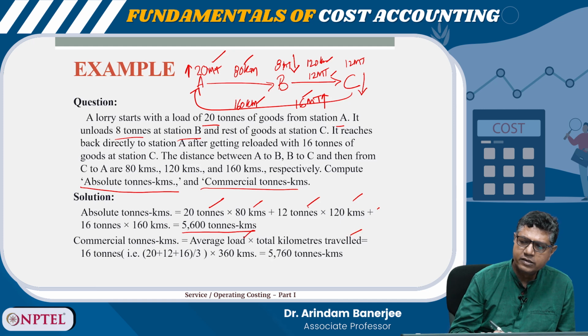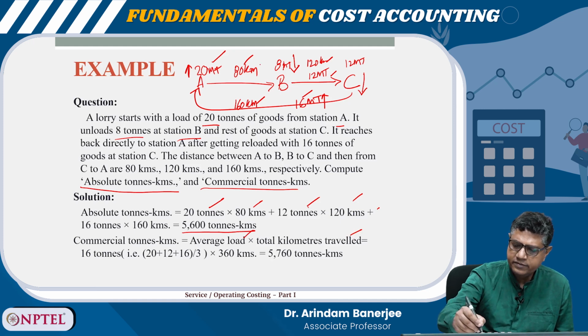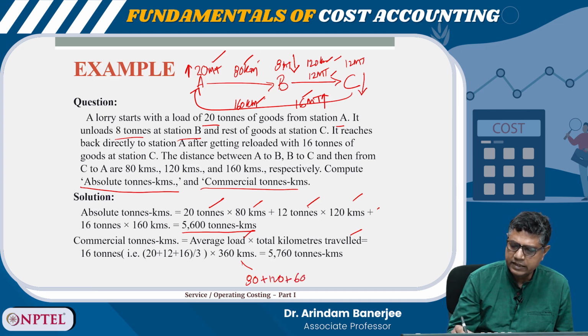How much is the total kilometers travelled? 80 plus 120 plus 160, if you add this, it is coming to 360, right.